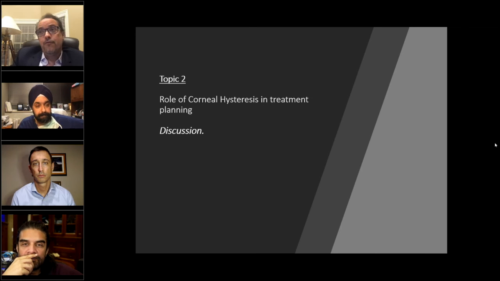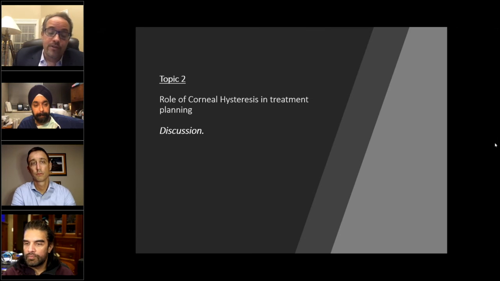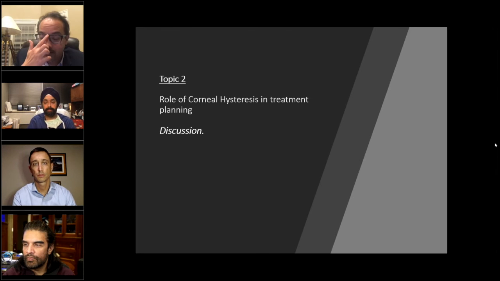If you think about a patient who has, let's say, a thick cornea and an overestimated Goldmann measurement, and when you put that patient on medication, the pressure is not as high as you think. It's actually a lower pressure. So if the pressure is already lower, then the effect of medication ends up being smaller. Okay, so part of it is actually an artifact of the pressure measurement, of the Goldmann measurement.